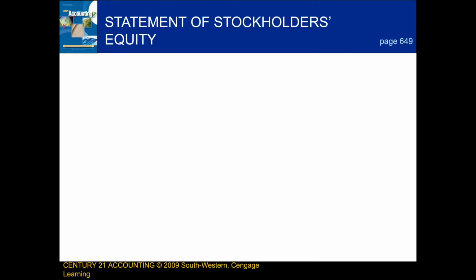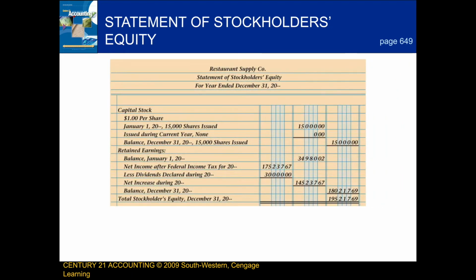Okay, next we're going to be talking about preparing a statement of stockholders' equity for a corporation. So when we prepare a statement of stockholders' equity for a corporation, there are a few steps that we have to follow in order to complete this process.